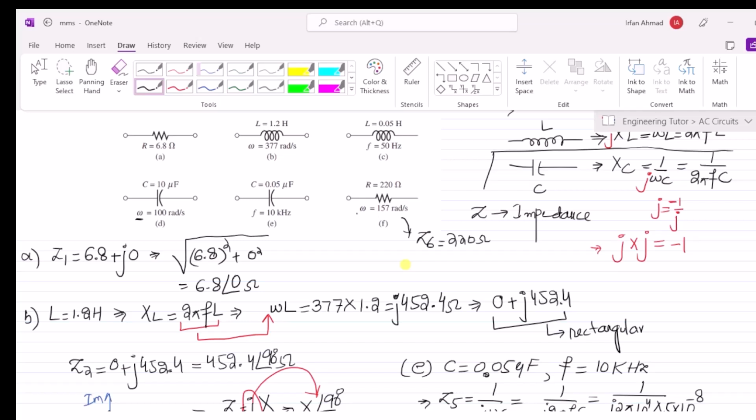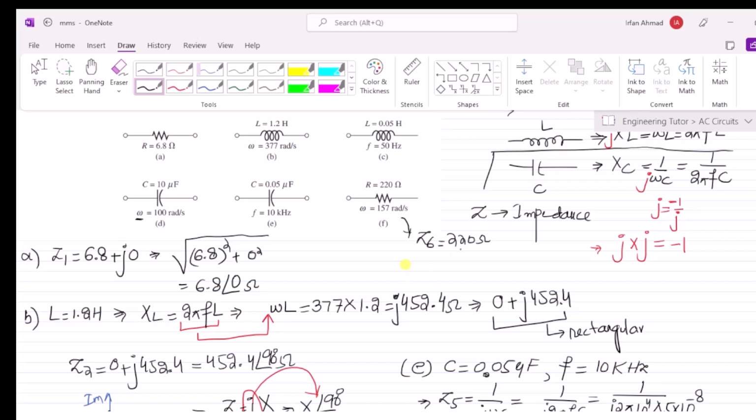Whatever the frequency is, the resistance will not be affected, because that is a linear element. Therefore it will be the same as it is, and no j term will appear here, and therefore no phase change will occur when current and voltage are developed here.